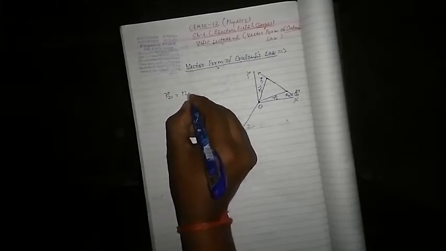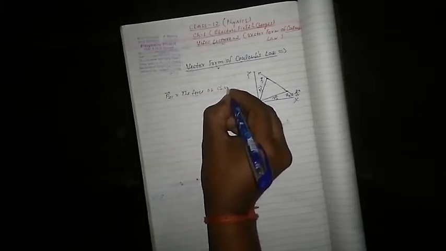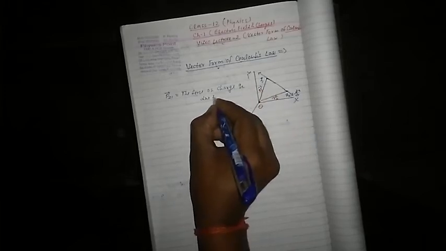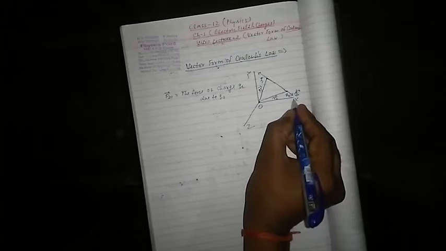F21 means the force on charge q2 due to q1. And this will be F12. F12 means the force on q1 due to q2.